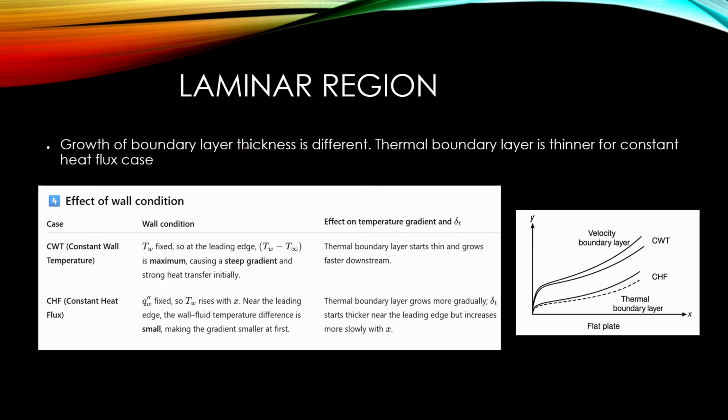Here are some details on why we have these differences between our cases. If we have a constant wall temperature, then at the leading edge we have the maximum temperature difference, and that creates a steep gradient. But if we have a constant heat flux, then our wall temperature is increasing with distance from the leading edge.